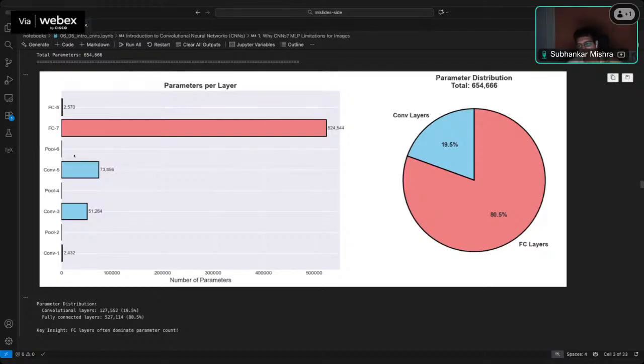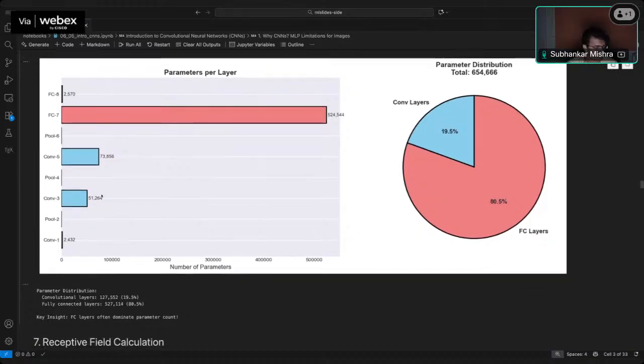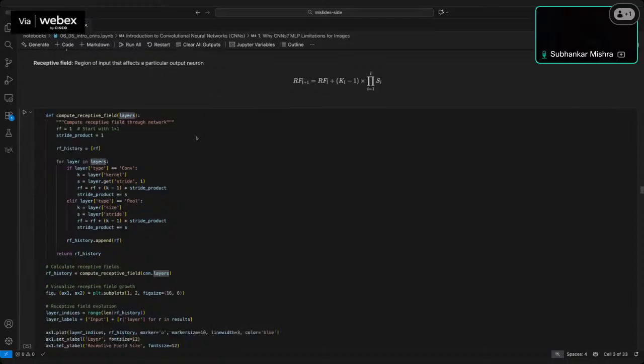Still, most parameters per layer come from the fully connected layer. FC layer is the fully connected layer, but the convolution itself has very few parameters because of sharing. So if you don't reduce the size of the image, then eventually you will end up with such large fully connected layers.